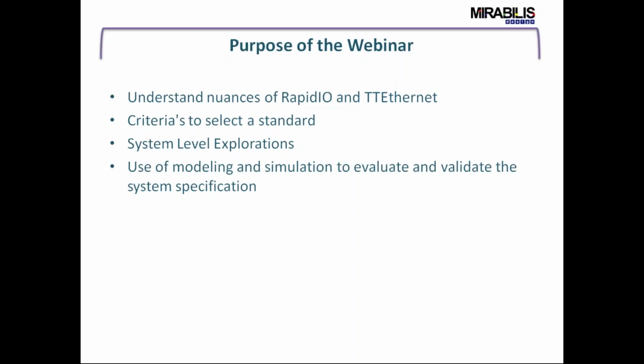I'll be going over a few demo examples to show you how modeling and simulation can help you in making architectural decisions on selecting one of these two interconnect technologies, and also how you can utilize the options these two technologies provide as well.